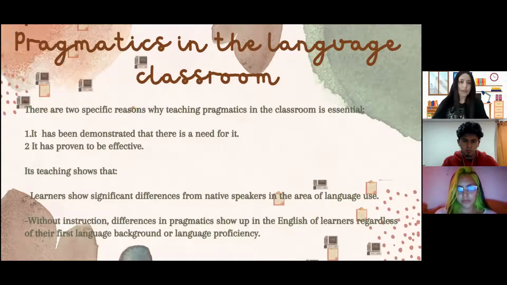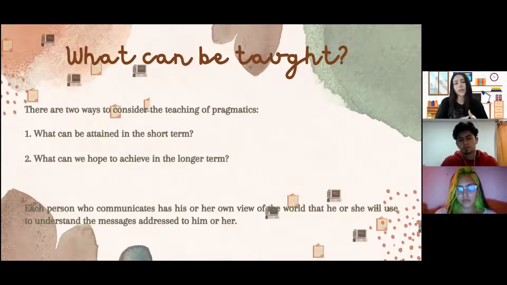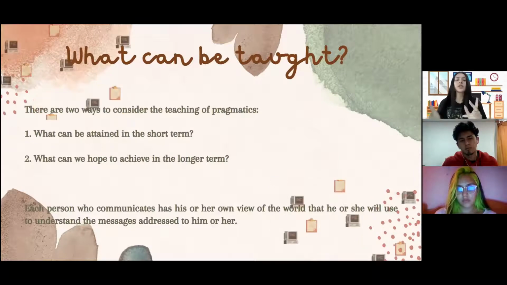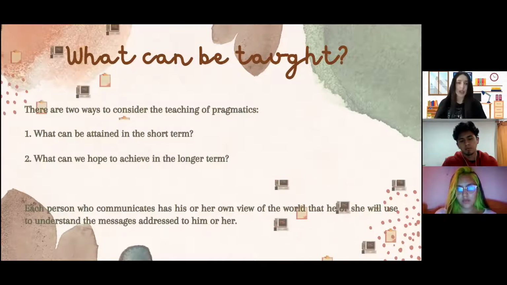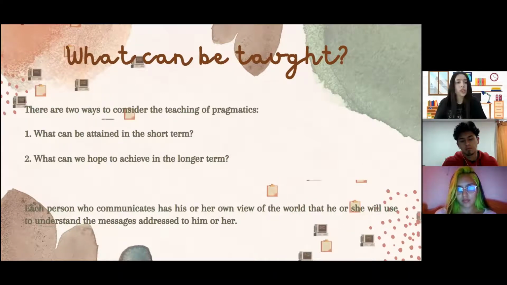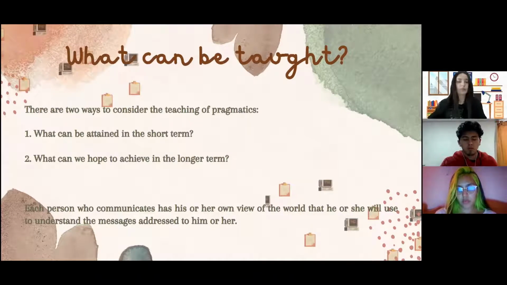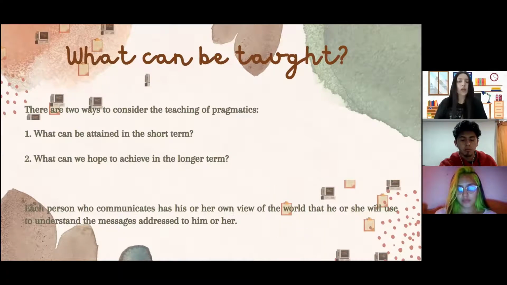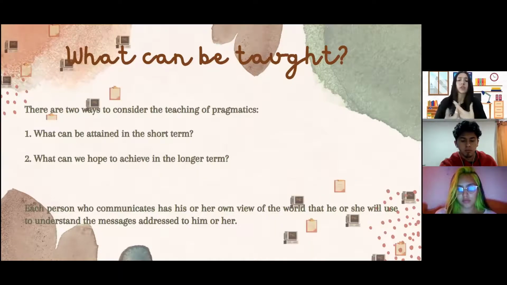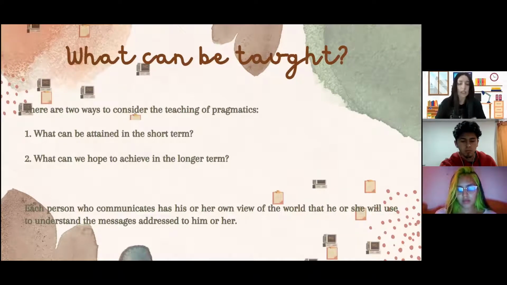So let's continue with what can be taught. Because the development of pragmatic competence is an incremental process, we have to take into account two specific points. First, what can be attained in the short term, and what can we hope to achieve in the long term. So it's necessary to be aware that each person who communicates has his or her own vision of the world that he or she will use to understand the message addressed to him or her.